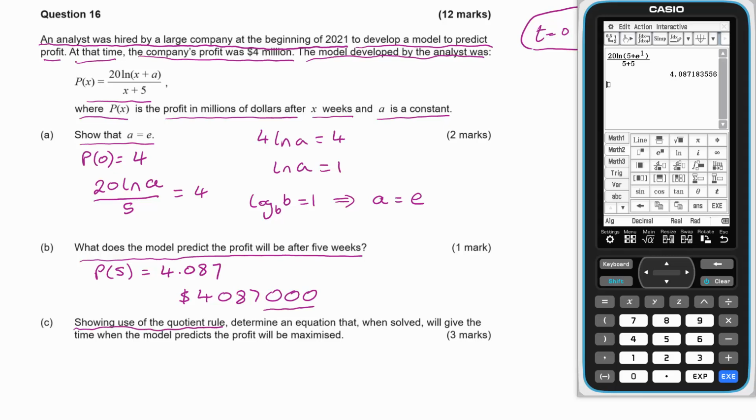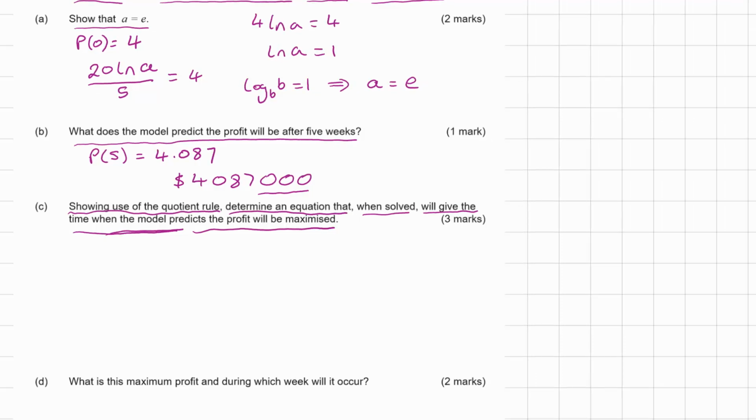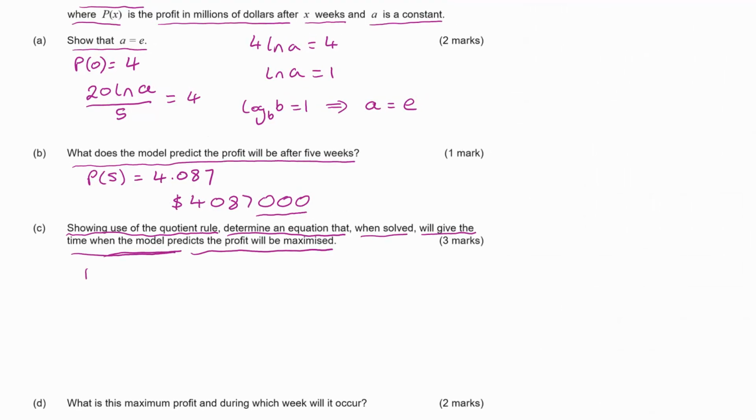Showing use of the quotient rule, in other words, don't just put it into the ClassPad, determine an equation that, when solved, will give the time when the model predicts that the profit will be maximized. So we need P dashed of X to be equal to 0. First differential is 0.